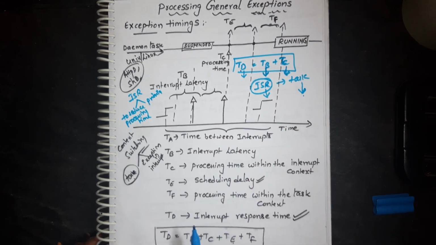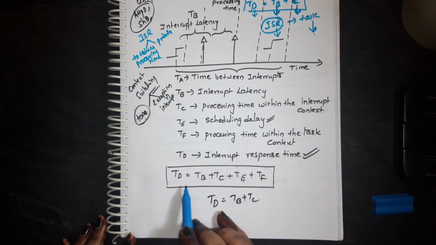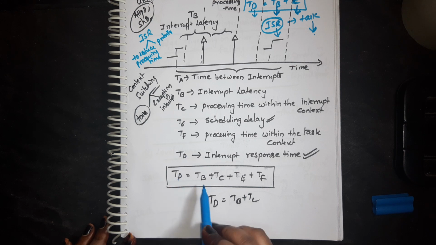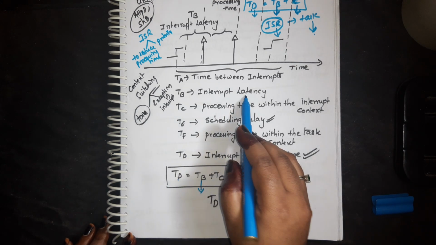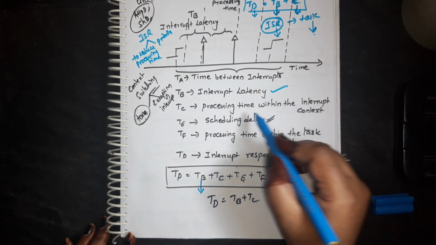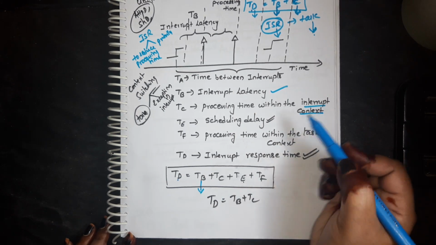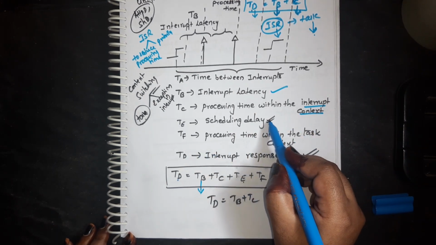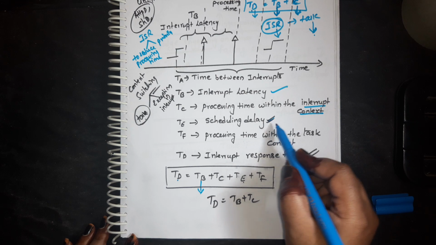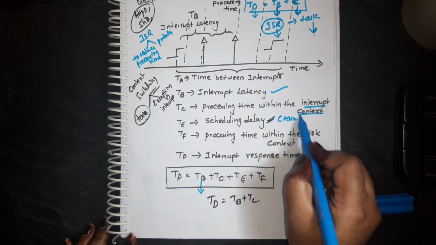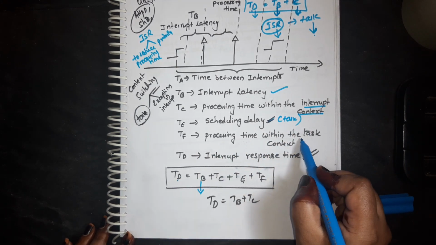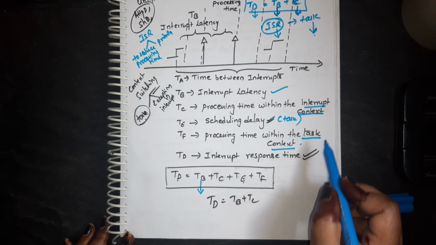Here TB is the interrupt latency, TC is the processing time for the interrupt context, and TE is the scheduling delay for the task. The next one is TF, which is for executing the task context.